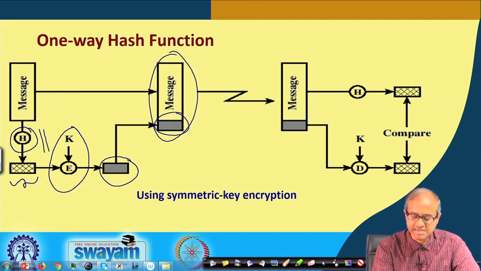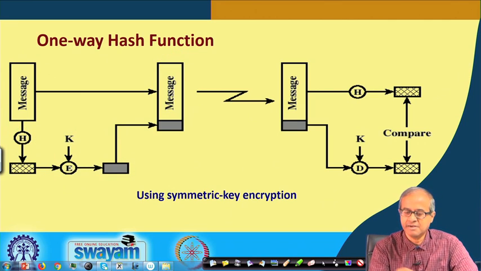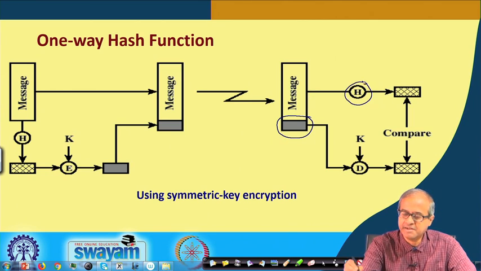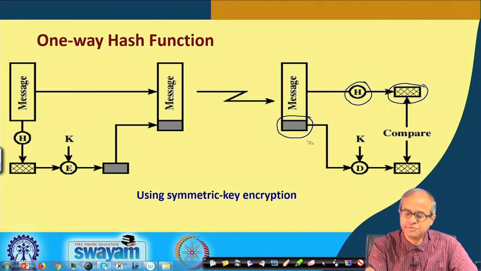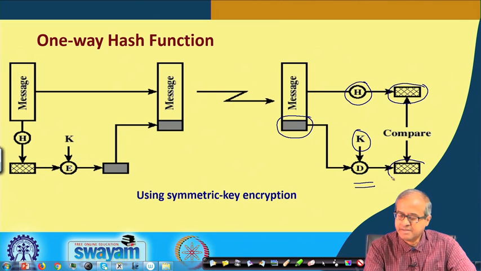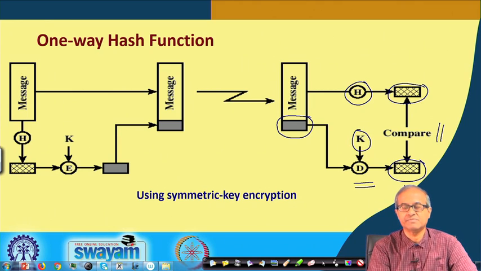At the receiving side, something similar is done. So, the message along with this encrypted hash is received. So, with the message part, again the hash function is applied, the hash digest is obtained, and with the encrypted hash part we apply a decryption algorithm with the same key value k. So, we get back the hash value and you compare whether these two are matching or not.